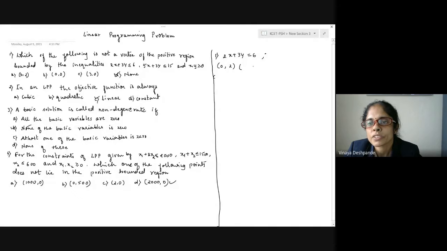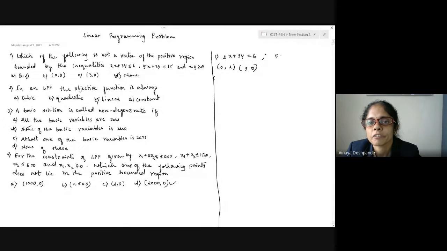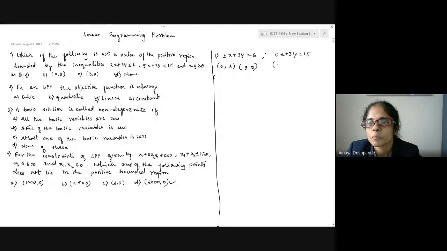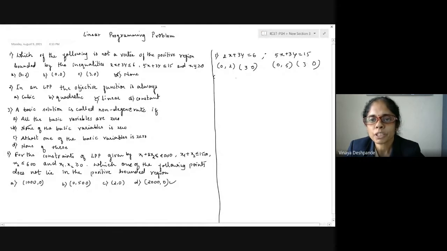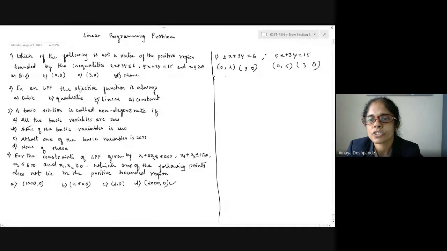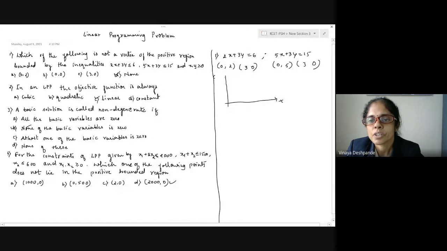Put y is 0, x is 3. Second inequality, 5x plus 3y is equal to 15. Put x is 0, y is 5. Put y is 0, x is 3. The remaining are the non-negativity restrictions.